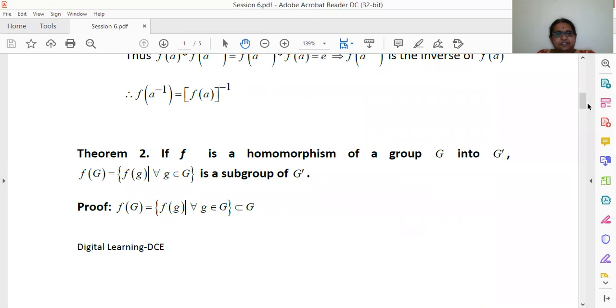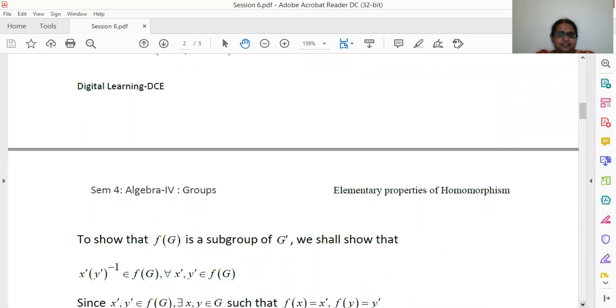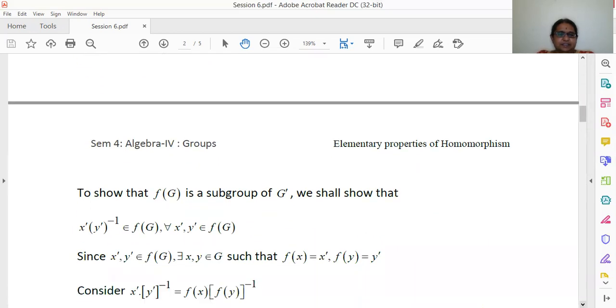So here f of G is equal to the set of all f of g for all g belonging to G, which is a subset of G dash. Now consider two elements in f of G. To show that f of G is a subgroup of G dash, we shall show that x dash y dash inverse belongs to f of G for all x dash, y dash belonging to f of G. So we have taken two elements in f of G, x dash and y dash.